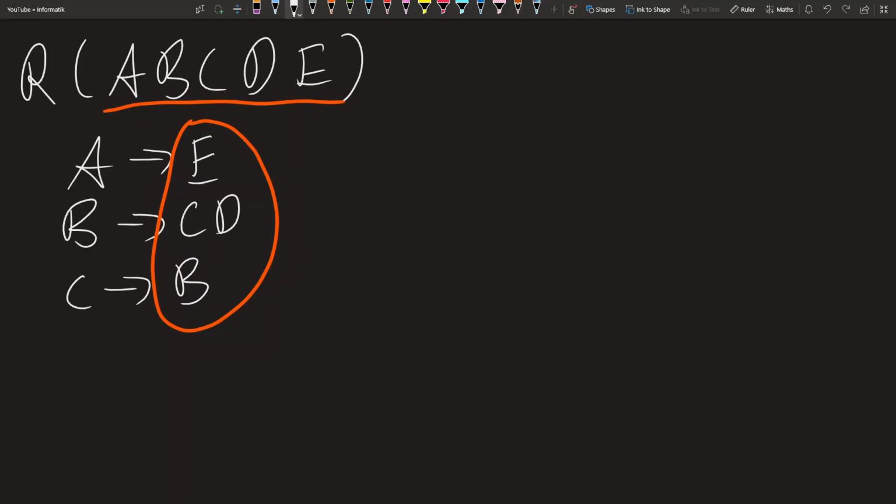There we can see A. So first check A. A only determines itself and E. So not much. So we need to include something. We could include B and C.